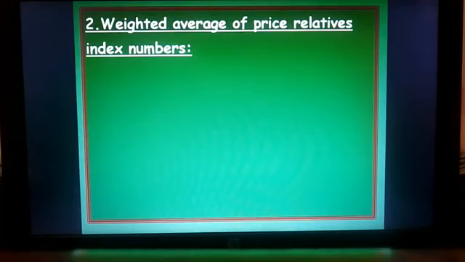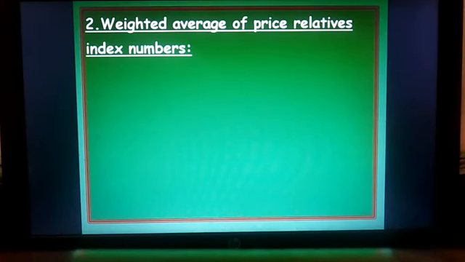So next, second major classification in weighted index number we are coming across now. For your information, index numbers were classified as unweighted and weighted. In that, weighted as well as unweighted are further classified as simple aggregative and then average of relatives.